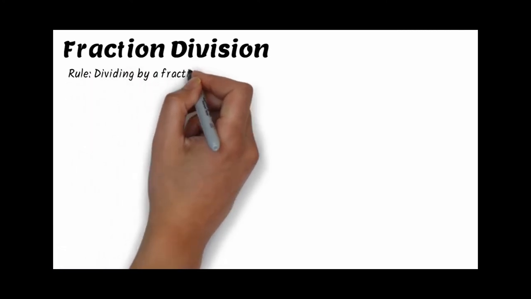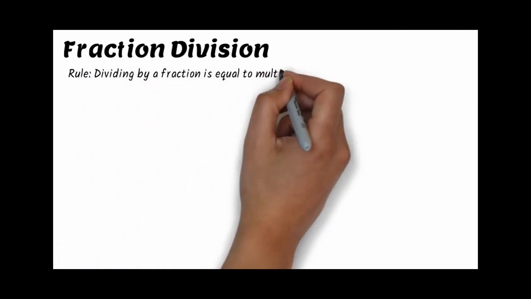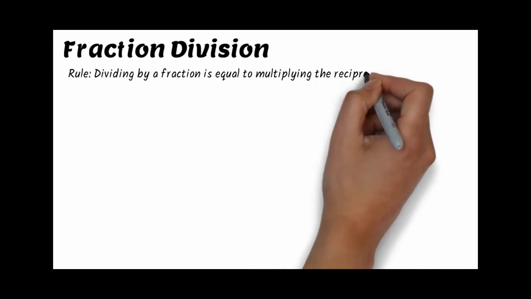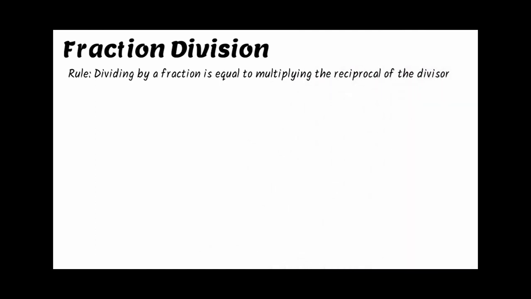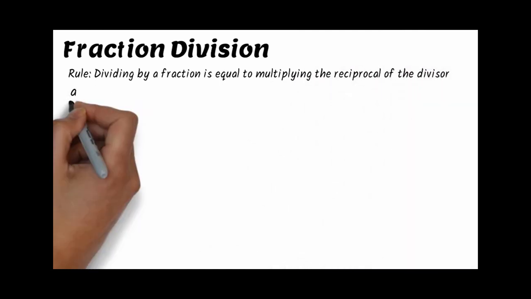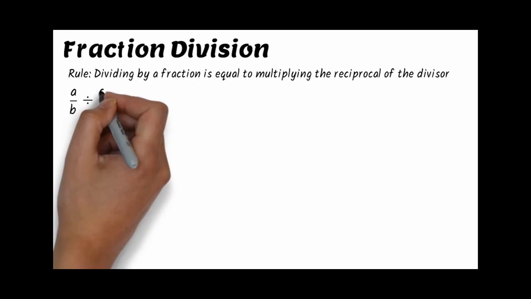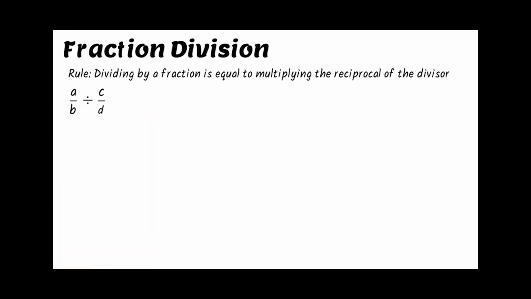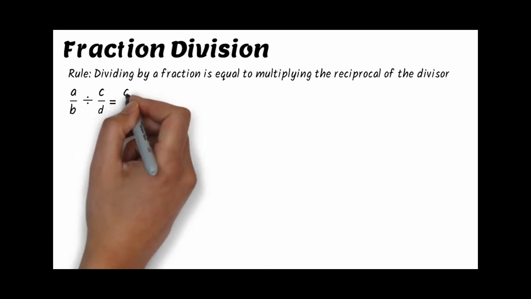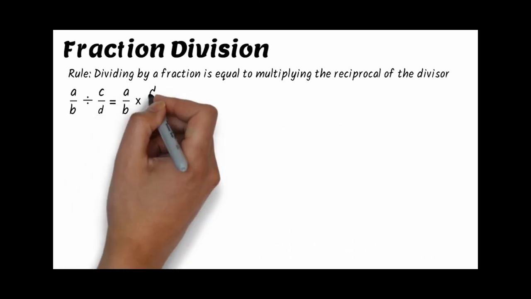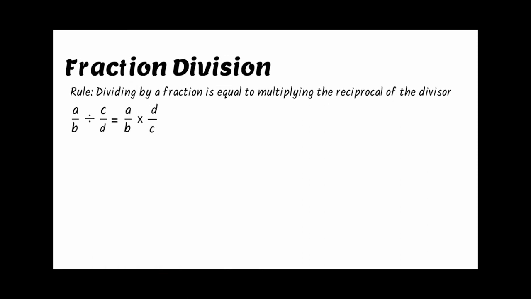The rule for doing fraction division is that dividing by a fraction is equal to multiplying by the reciprocal of the divisor. So if I have a/b divided by c/d, that is equivalent to a/b multiplied by the reciprocal of c/d, which is d/c.